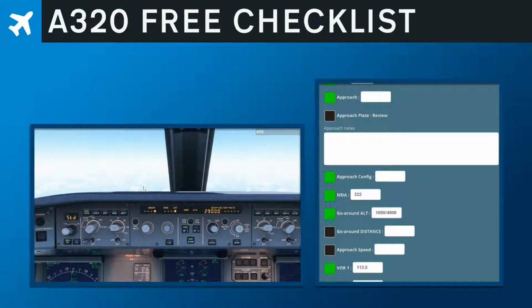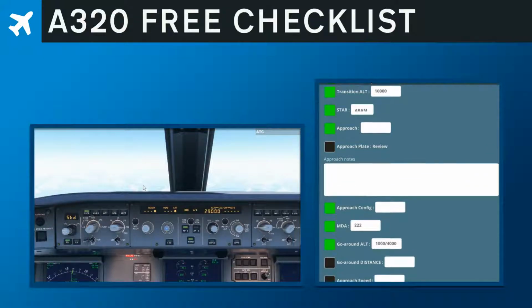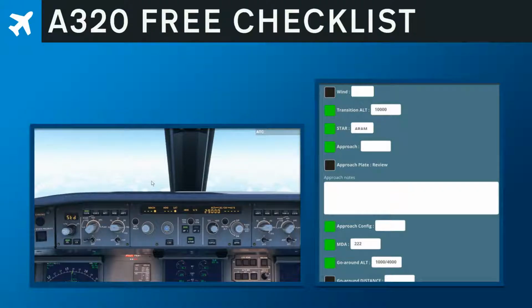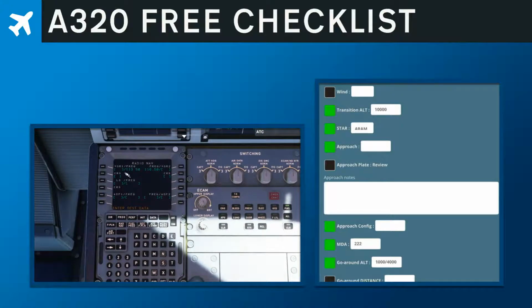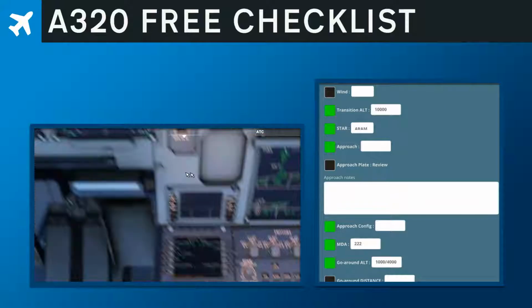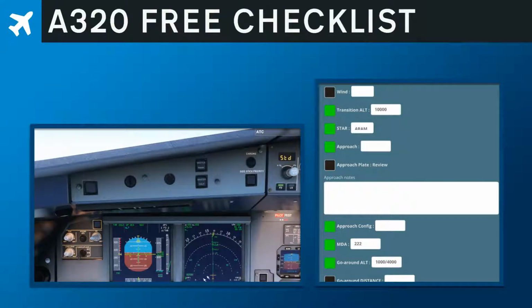I've reviewed the approach plate, so I've got that sorted, and I've put in a couple of the VORs, which you can see in the navigation display at the moment, but they obviously won't come into play yet because it's too far away.